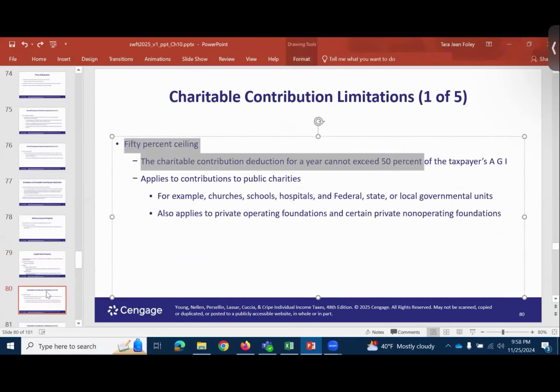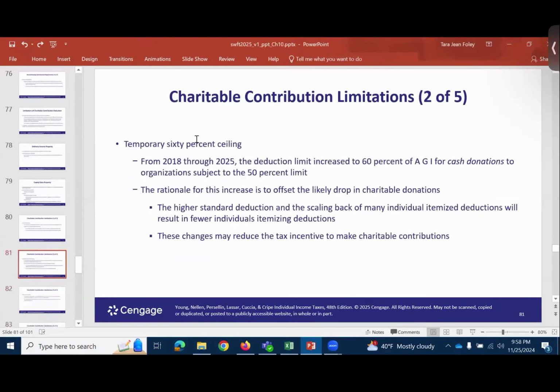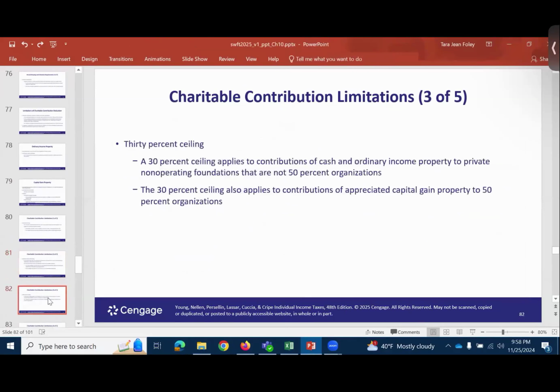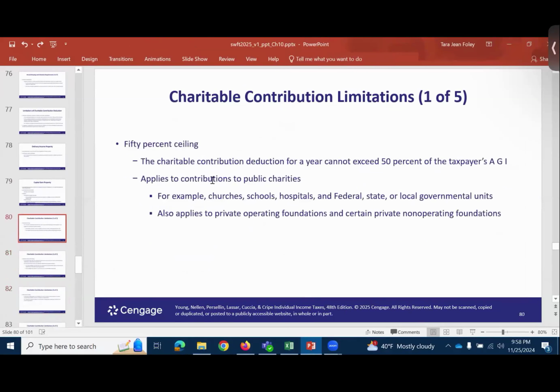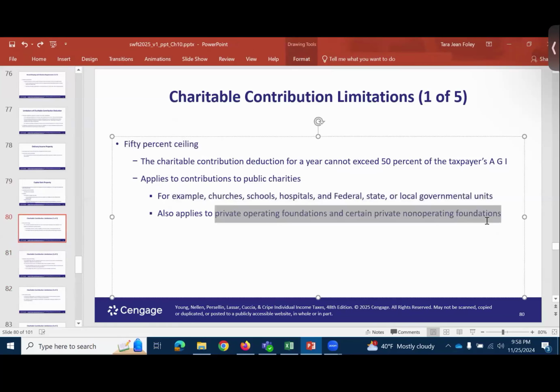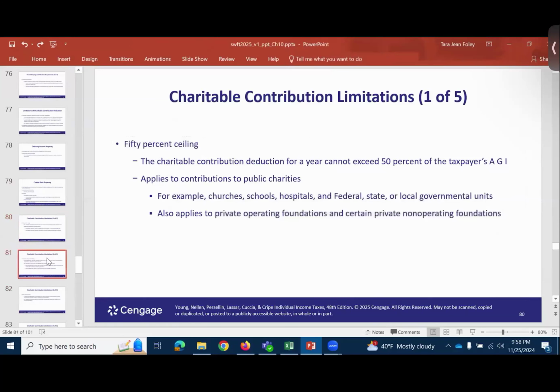That 50% ceiling, this 60% is temporary between 2018 and 2025. So what they are the 50% ceiling are churches, schools, hospitals, federal, state, local governments, private foundations. That's the 50% ceiling.